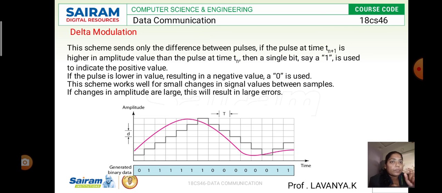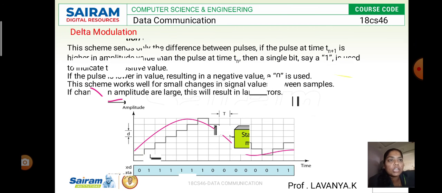See, they have already generated the binary data 0 1 1 1. If it is 0 it means low, and 1 is high. They draw the digital signal in the form of staircase order. This process we call delta modulation.